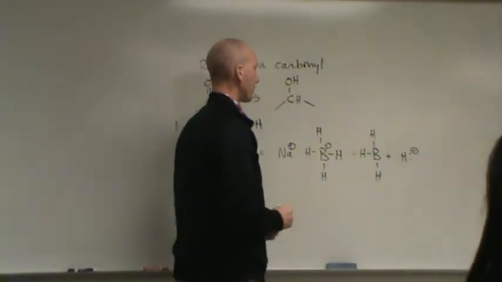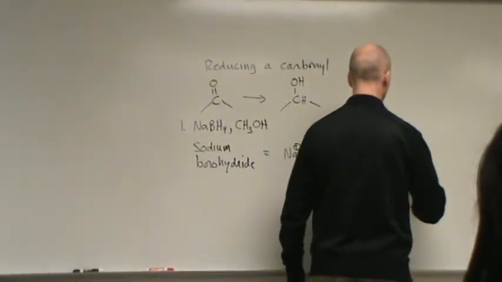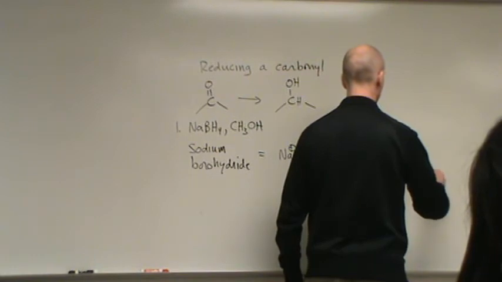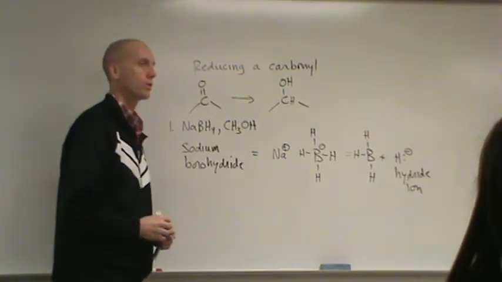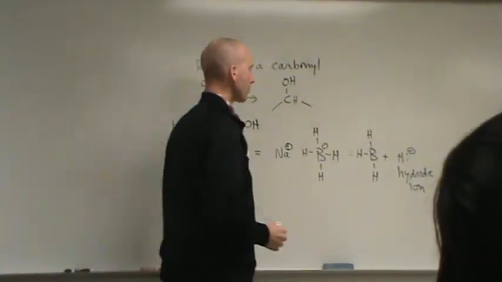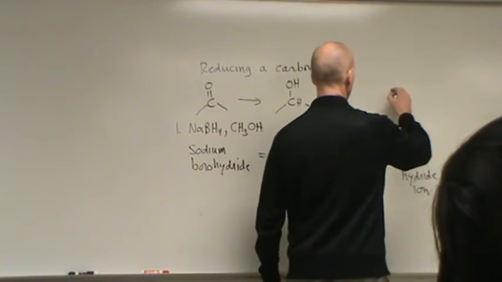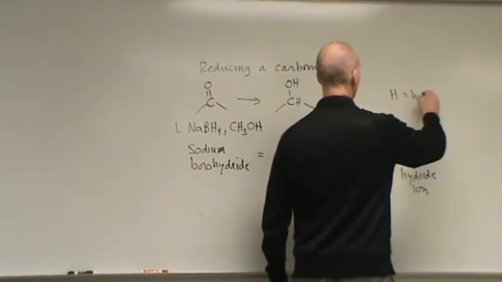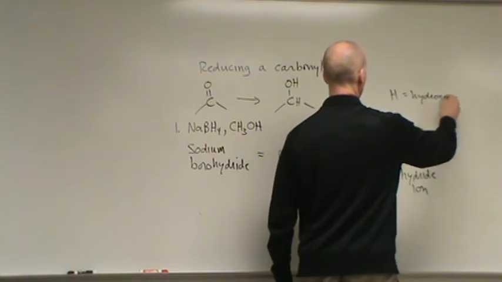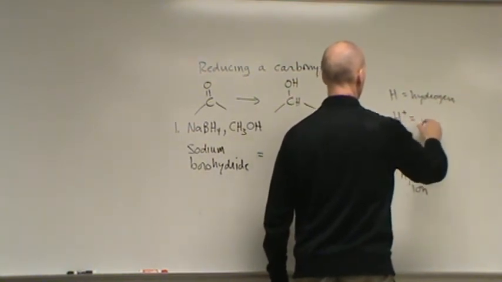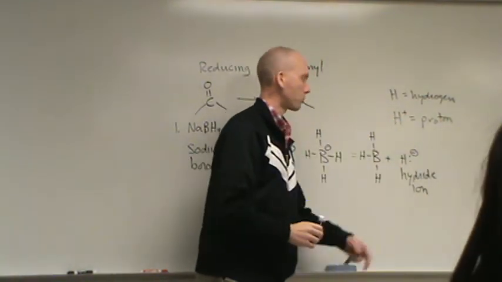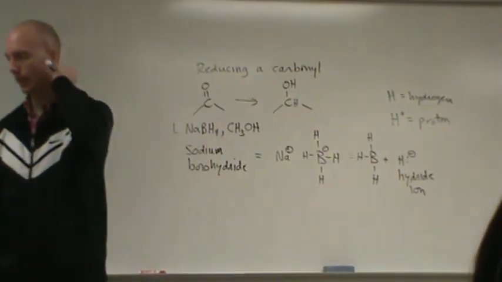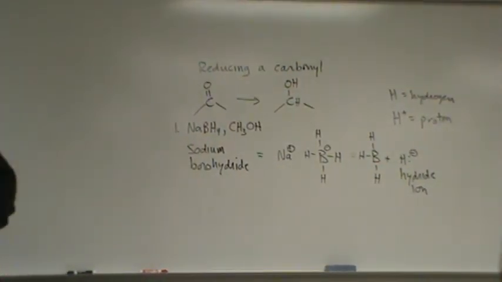A hydrogen with a lone pair is what's called the hydride ion. So we have H, which is hydrogen. We have H plus, which is a proton. And now we have H minus, which is the hydride ion. What can the hydride ion act as?